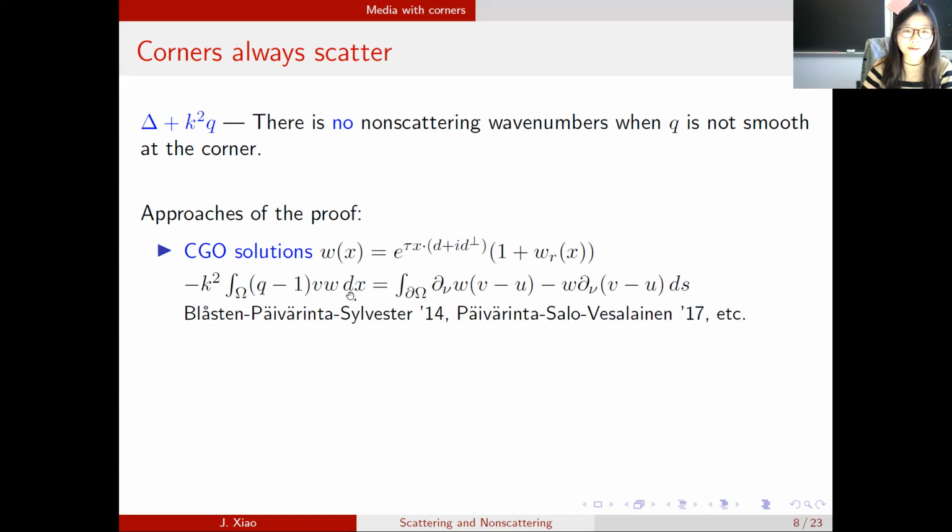This is just integration by parts, and this W, I forgot to write it here, is an arbitrary solution to Laplace plus k squared q W equals 0. So by taking tau going to infinity, suppose non-scattering happens for this domain, this media, we can derive a contradiction from this integral identity.